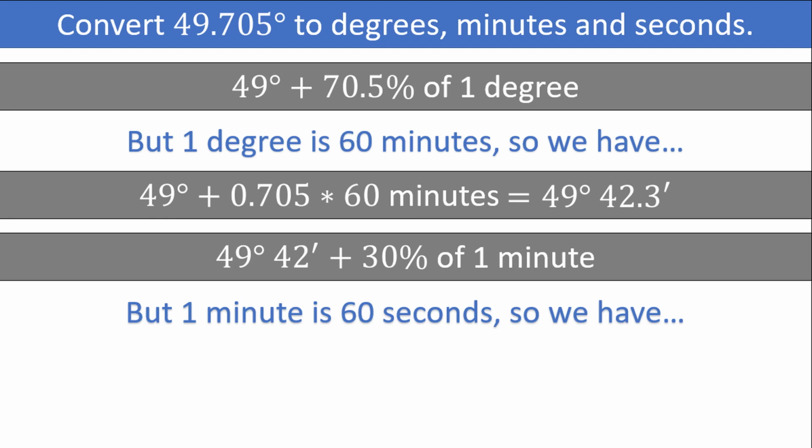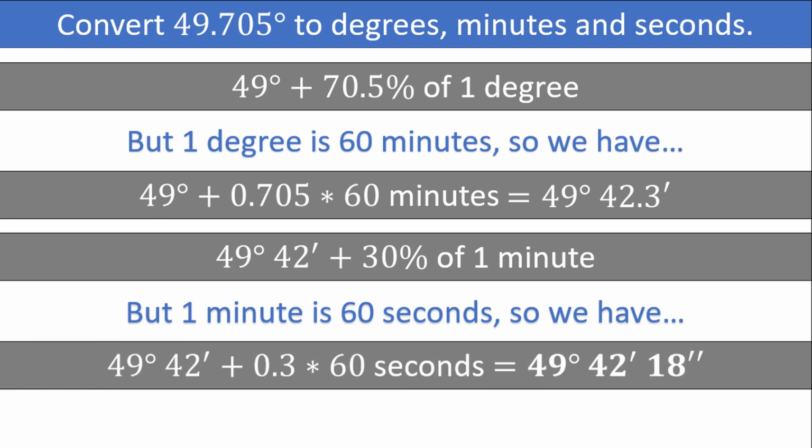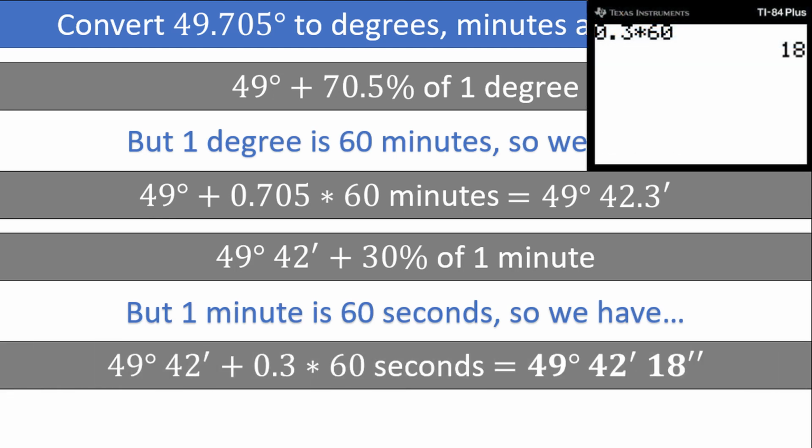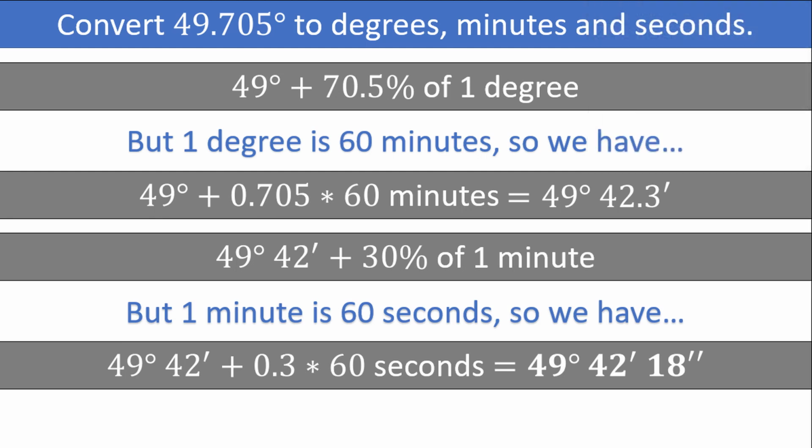If we have 30% of a whole minute, and 60 seconds is a whole minute, then 0.3 times 60, which is equal to 18, is the number of seconds that we have. 18 seconds is 30% of 1 minute. Altogether, we have 49 degrees, 42 minutes, and 18 seconds. So 49.705 degrees is the same thing as 49 degrees, 42 minutes, and 18 seconds.